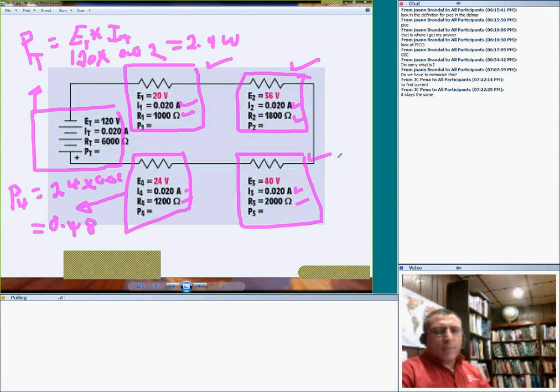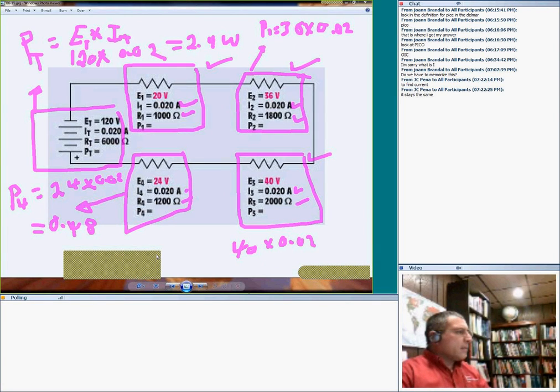Any question about finding P1, P2, P3? So find P3. What do you guys do? Here's my P3. You multiply the 36 times the current, which is 0.02.